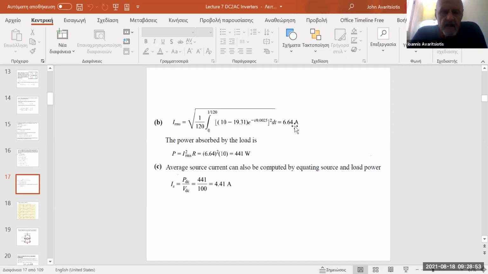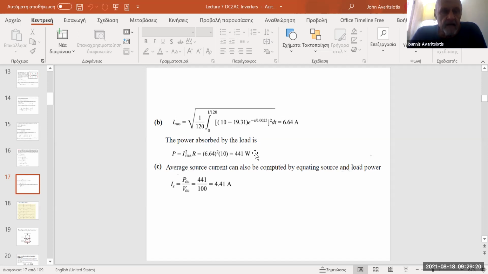And consequently, if we multiply the square of the RMS value of the current by the resistance of the resistive part of the load, we find, as shown on this slide, that the power absorbed by the load is 441 watts.